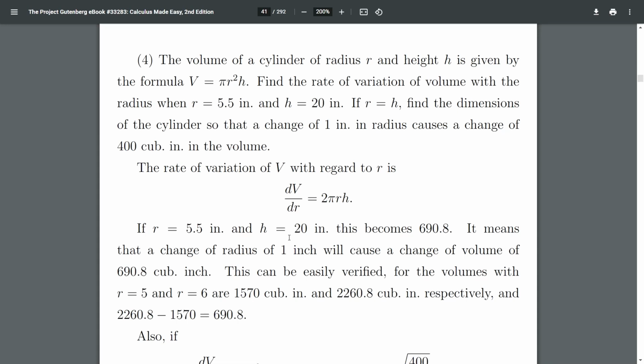This can be easily verified, for the volumes with r is equal to 5 and r is equal to 6 are 1,570 cubic inches and 2,260.8 cubic inches respectively, and 2,260.8 minus 1,570 is equal to 690.8.